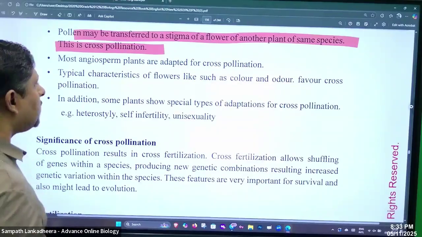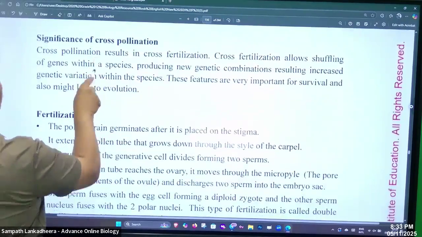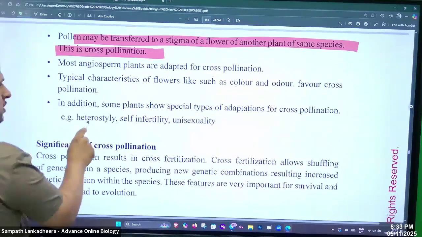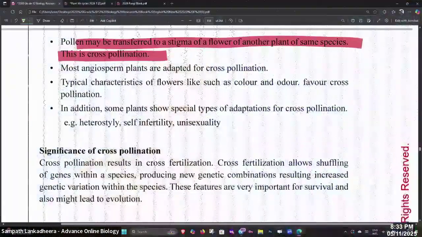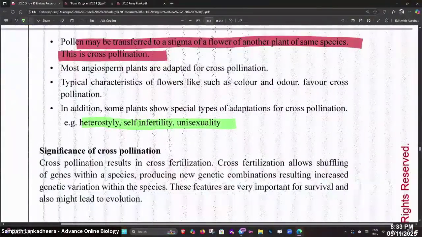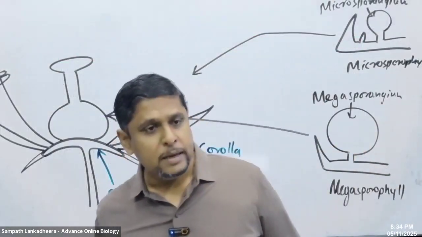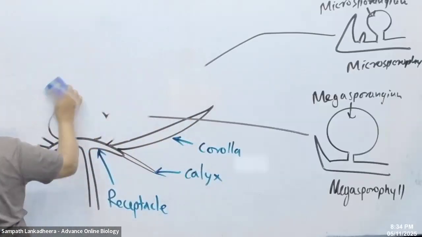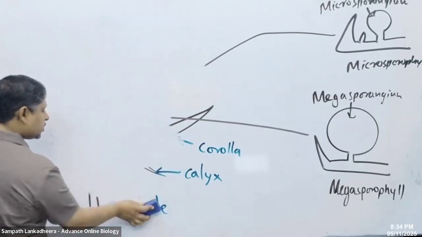Most angiosperm plants are adapted for cross-pollination. Some modifications are present which promote cross-pollination: heterostyly, self-infertility, and unisexuality.